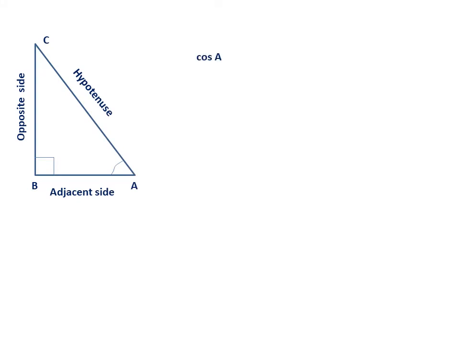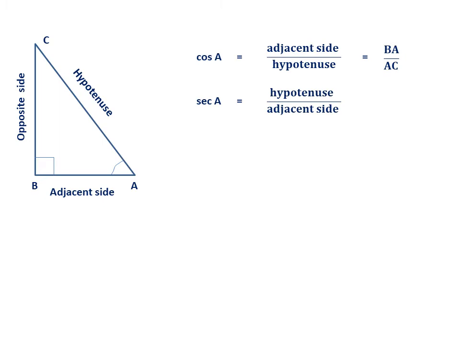Next, let us take cos A. Once I have explained the sine, you can definitely understand this one. This is a repetition actually. Cos A equal to adjacent side by hypotenuse. We know the definition, that is BA by AC. Similarly, secant A equal to hypotenuse divided by adjacent, that is AC by BA. Now we have to take cos A into sec A, that is equal to BA by AC into AC by BA.